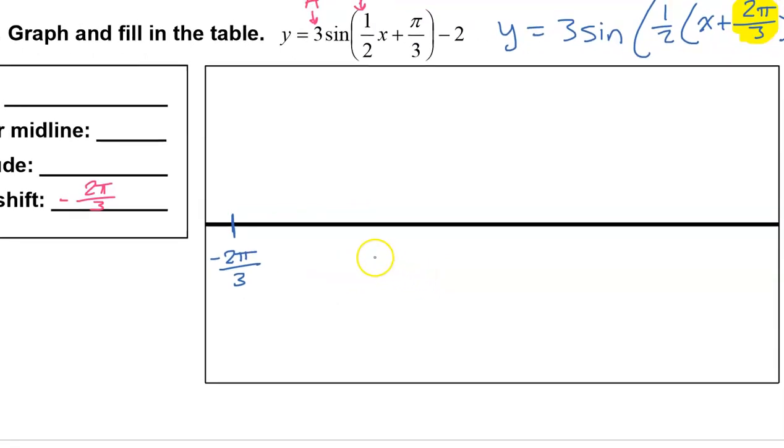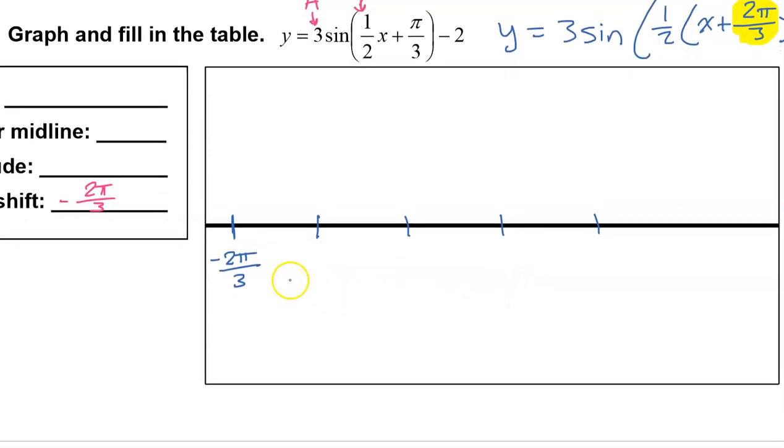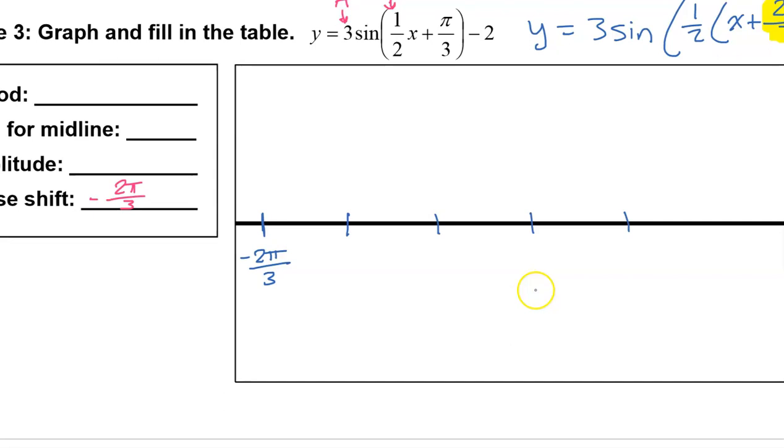Now, I am going to add 4 more marks like this. 1, 2, 3, 4. I'm trying to space them as equally as I can because each one of these marks represents a quarter of the period. So, in order to find the value at each one of these marks, I'm going to have to add a quarter of a period at a time.